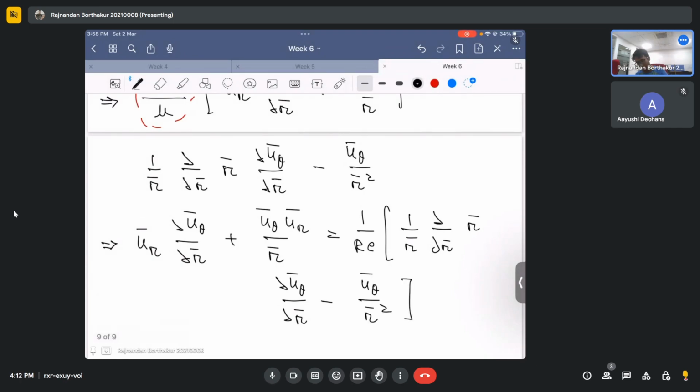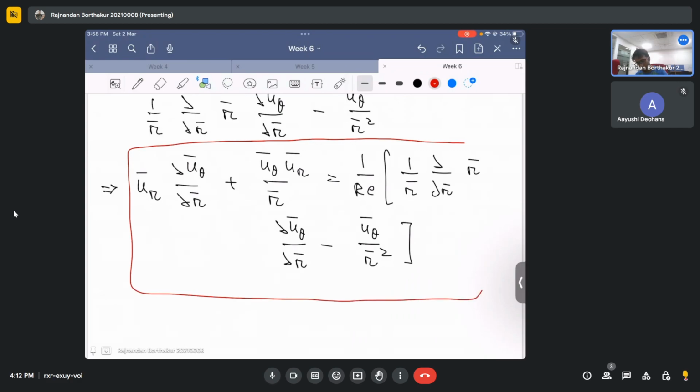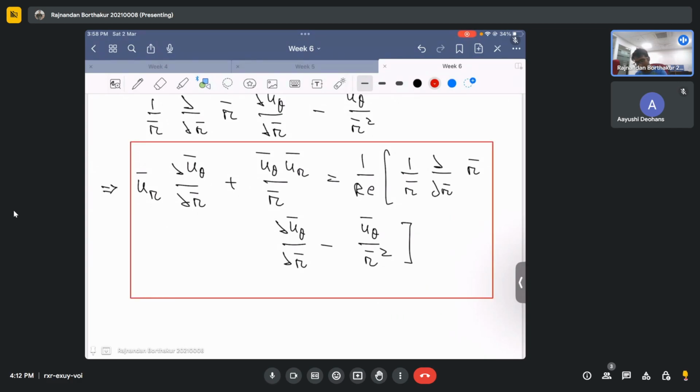All right, so we have done the second task completely, and have derived the non-dimensional r and theta momentum equations.